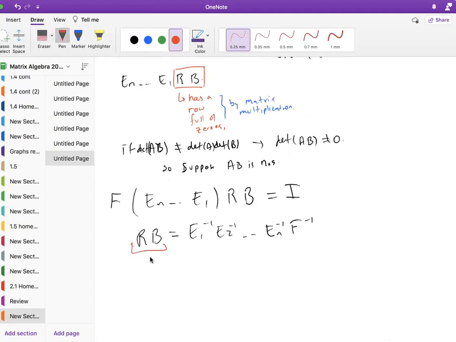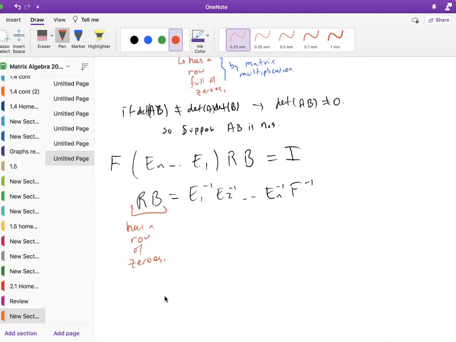RB has a row full of zeros. Why is that impossible? This can't have a row of zeros, right? Why not?